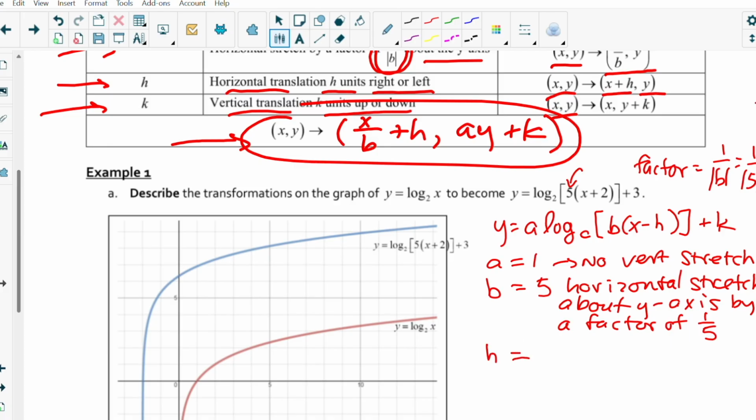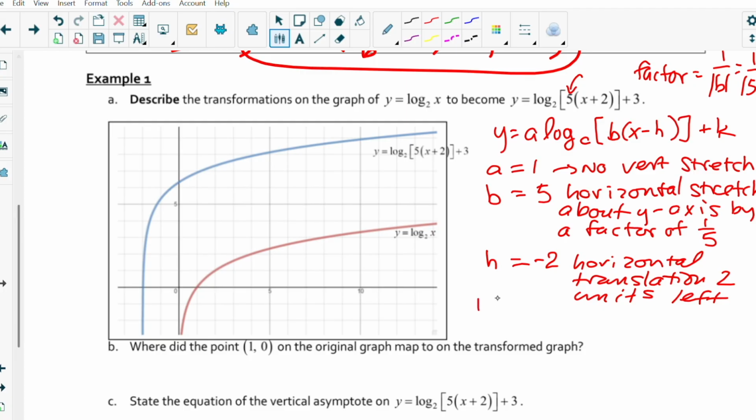H equals, well, x minus h, x plus 2. Well, that means it's x minus -2. So h equals -2. This is a horizontal translation, 2 units. It's negative, so it's 2 units left.